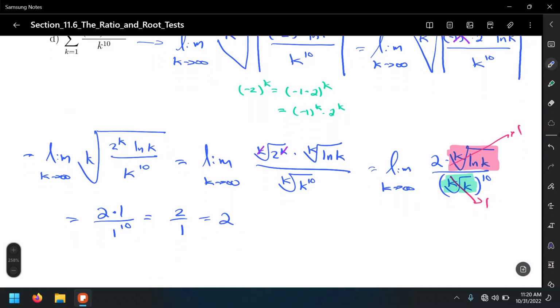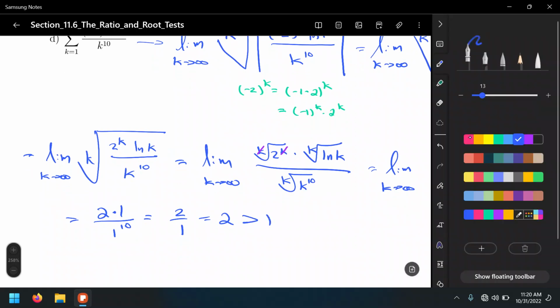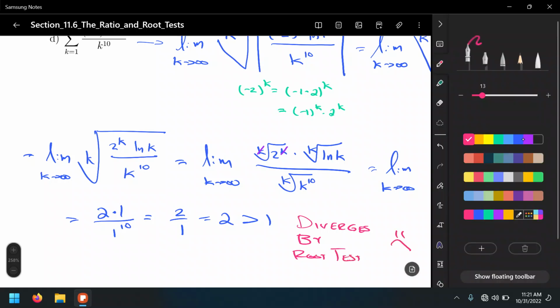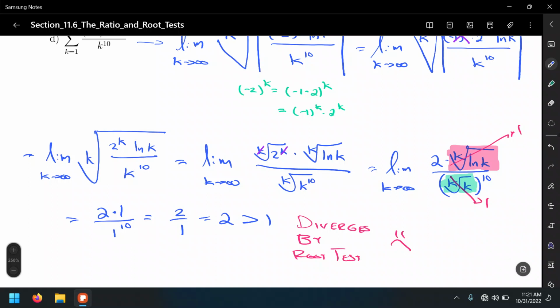Because in this case this limit is actually greater than 1, the root test tells us that the series diverges. So this diverges by the root test.